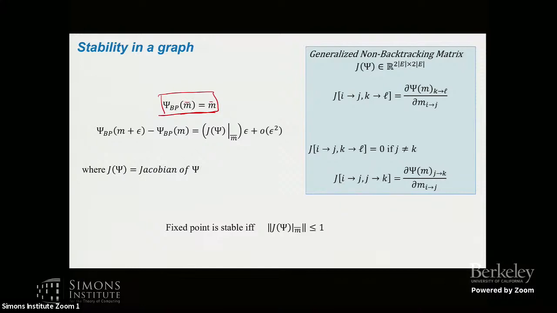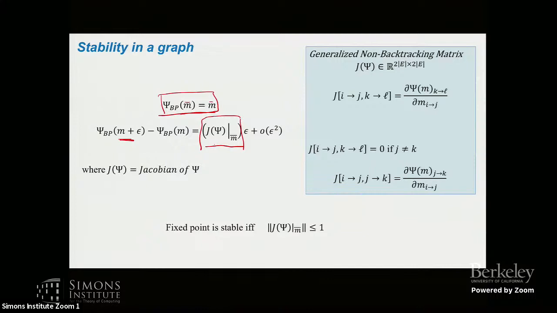And then you want to know whether the fixed point is stable. Well, if you just do a Taylor series expansion or take a linear approximation, you can write down the difference when you perturb the input by a little bit, by epsilon. The output perturbation is given by the Jacobian of the BP update rule.